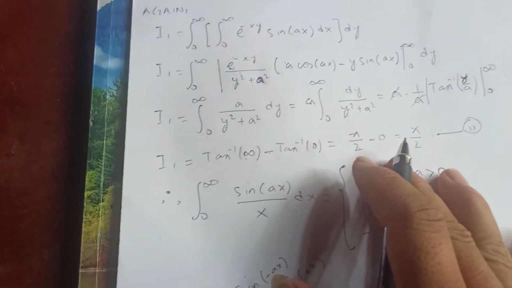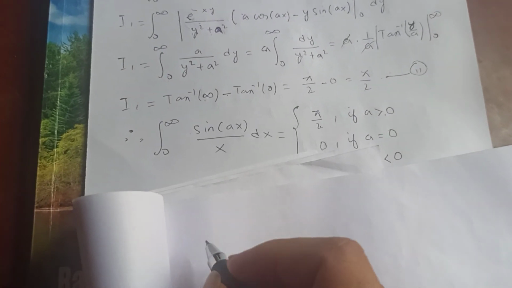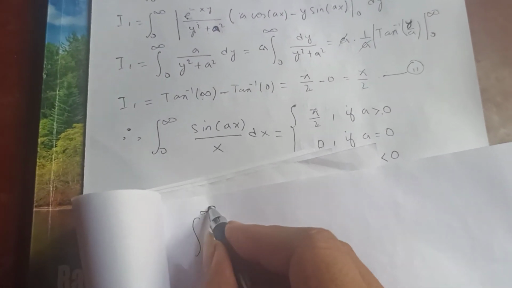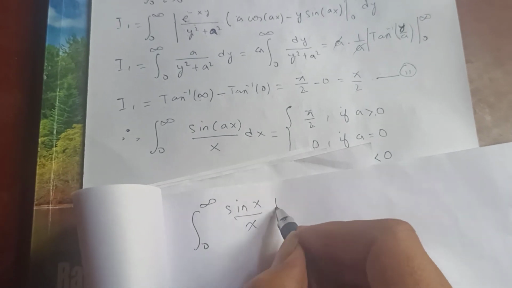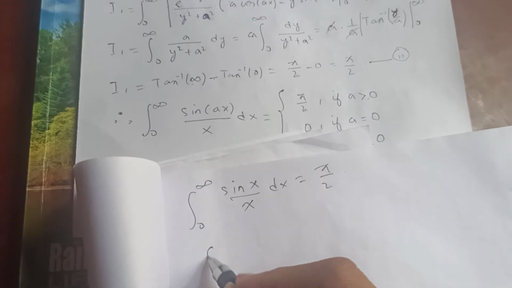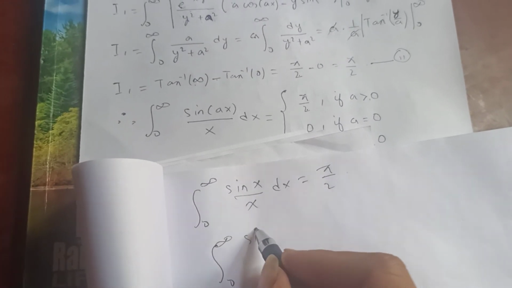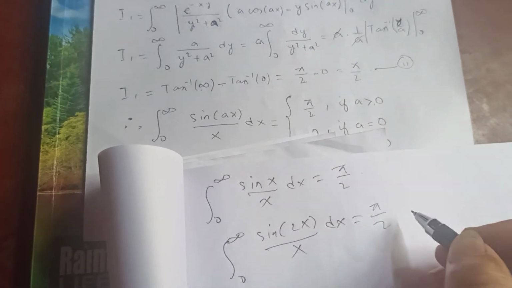So this works for integrals like this. If you substitute a equal to 1, the integral from 0 to infinity of sin x by x is pi by 2. And the integral from 0 to infinity of sin 2x by x dx, if you put a equal to 2, you still get pi by 2.